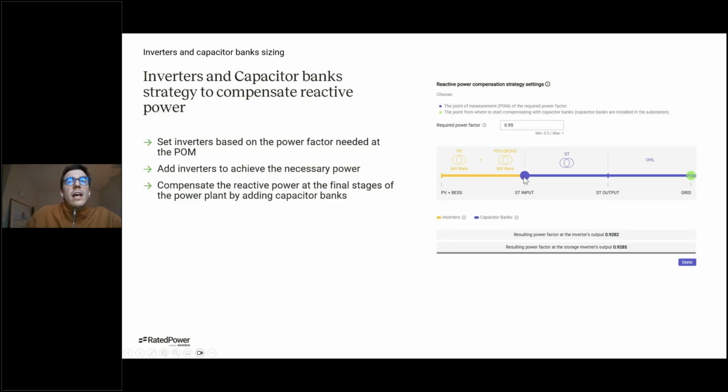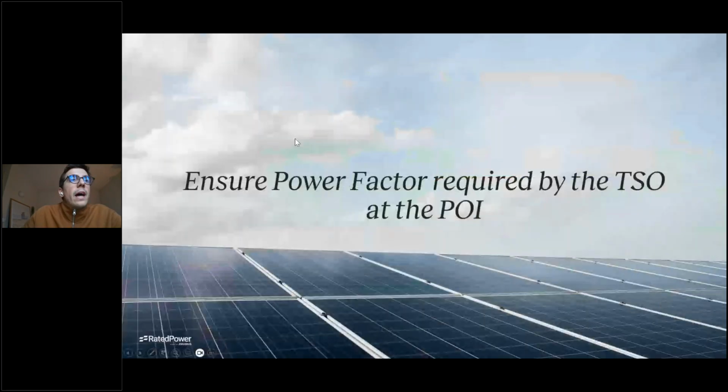And after the substation input, until the grid, we compensate with capacitor banks. So we are not going to be modifying our PV plant, we're just going to have more costs, of course. And with this, we are ensuring the power factor required by the transmission system operator at the point of interconnection.